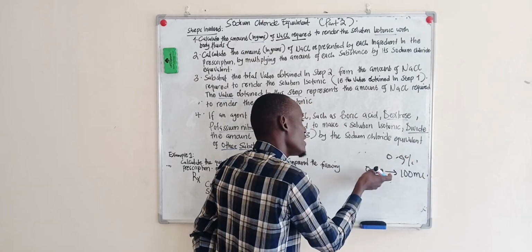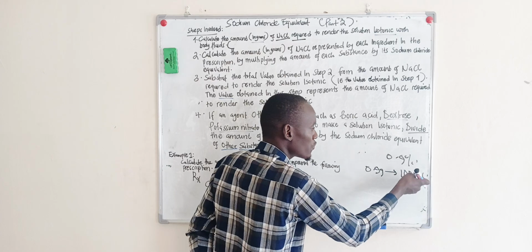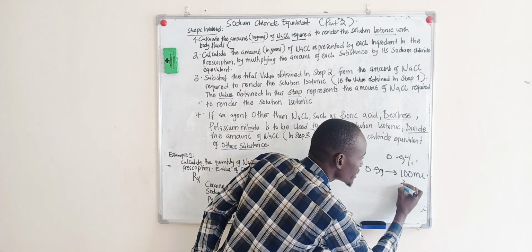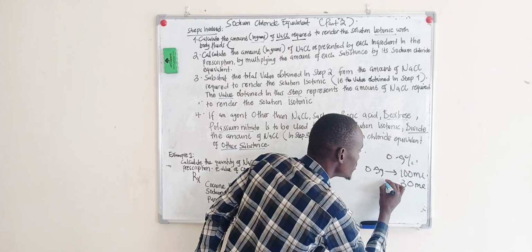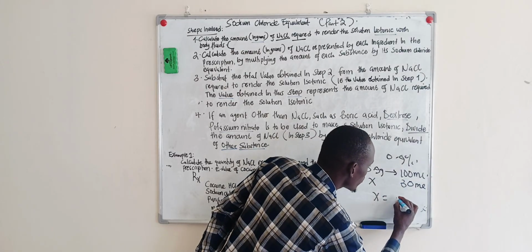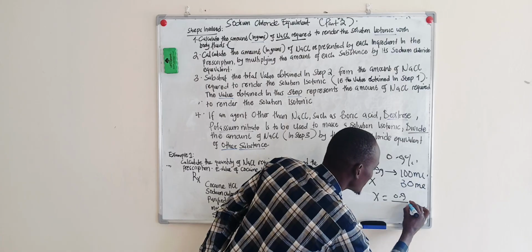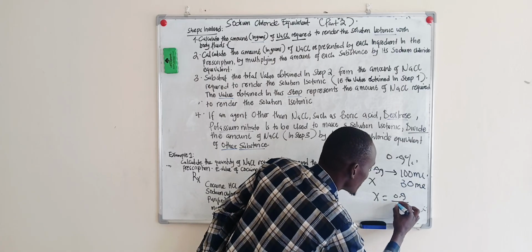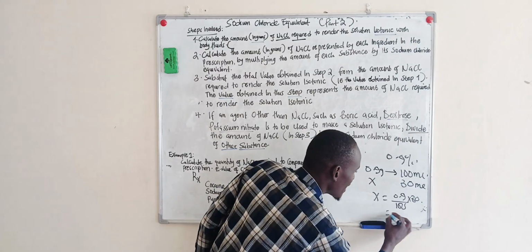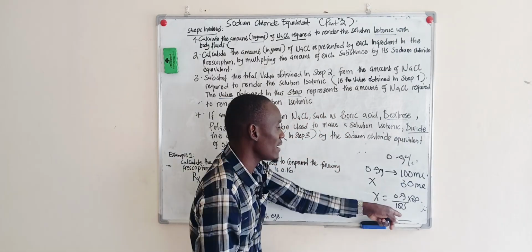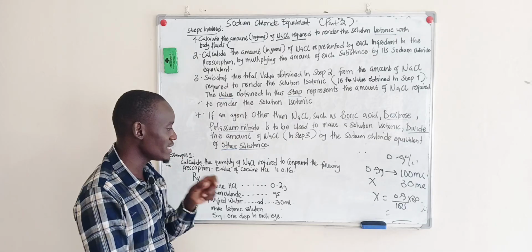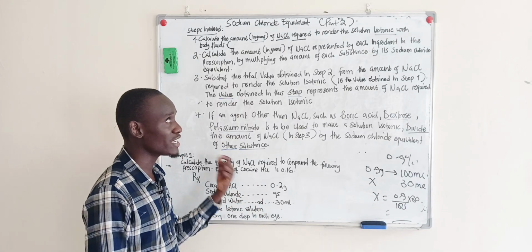It means 0.9 grams of sodium chloride in 100 mLs of water. How about the 30 mLs? It means that our X will be equal to 0.9 divided by 100 times 30. The quantity we shall get here will be the amount of sodium chloride that is required to render this solution isotonic with blood plasma.